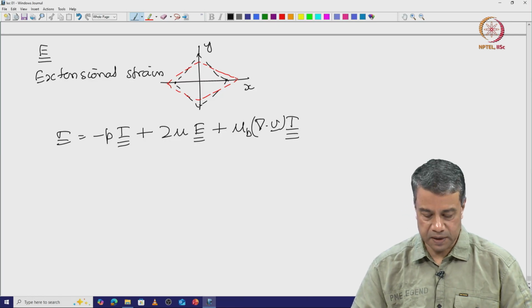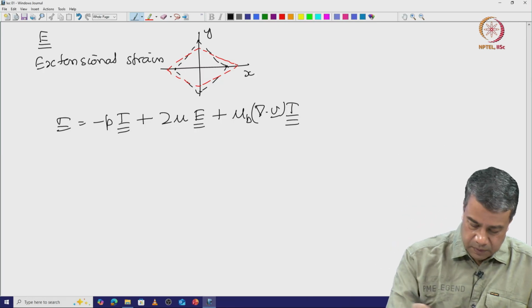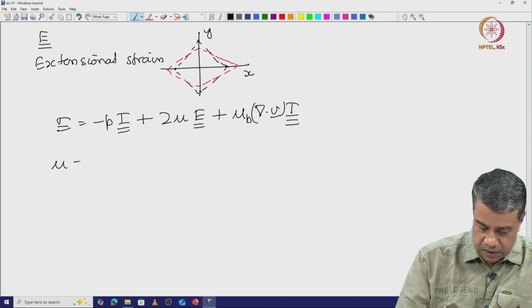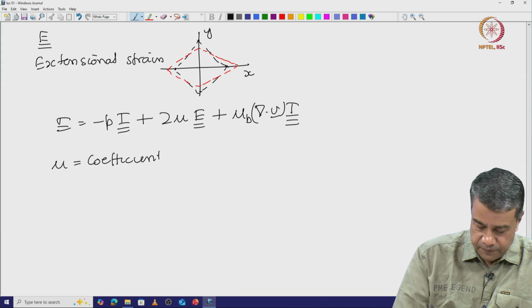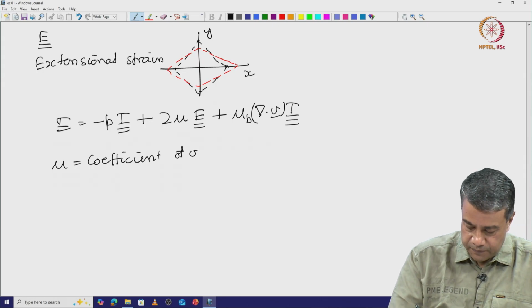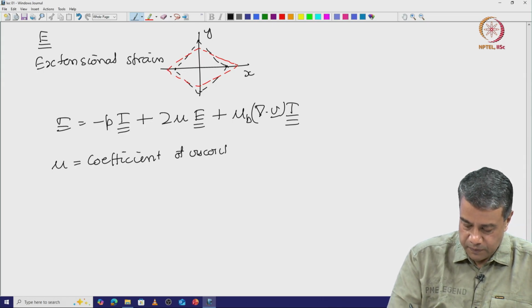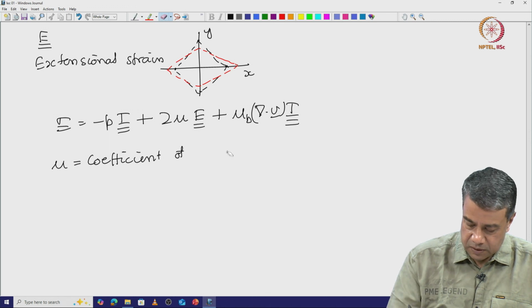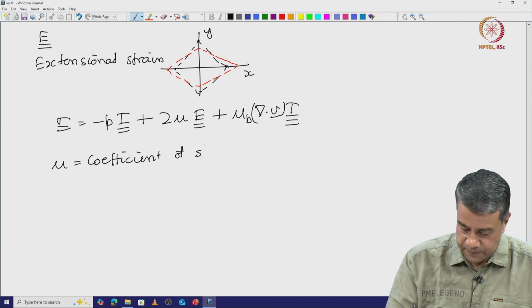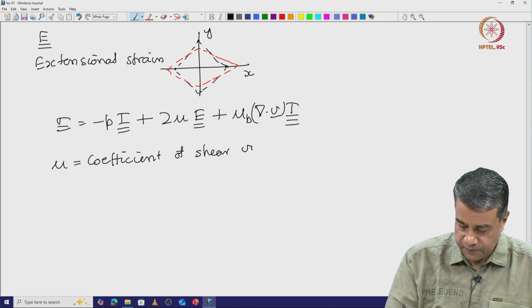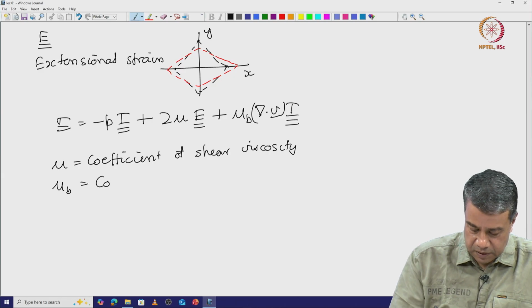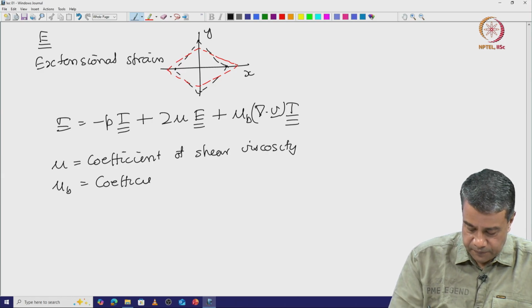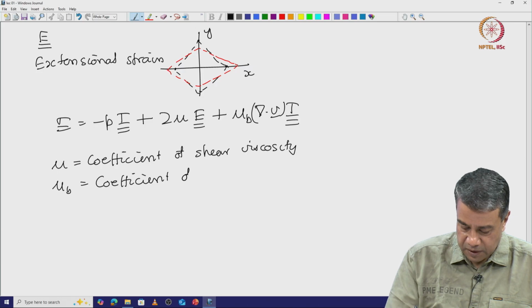This is an isotropic tensor, where mu is what is called the coefficient of viscosity, sometimes called the coefficient of shear viscosity, and mu b is often called the coefficient of bulk viscosity.